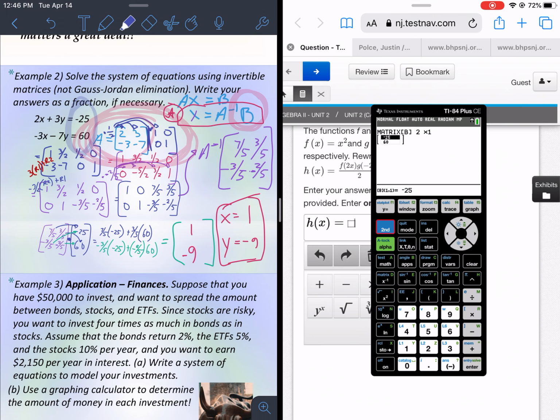Go back to the regular screen and let's type in A inverse B. Let's see what happens. And we got our solution to the system.